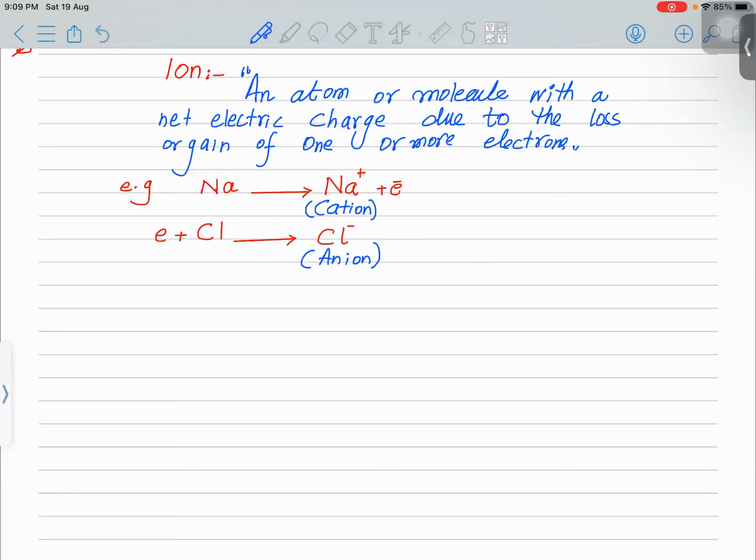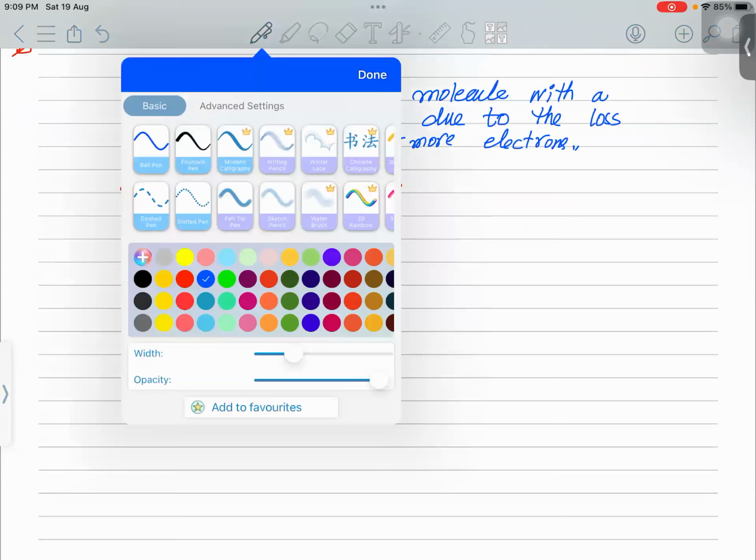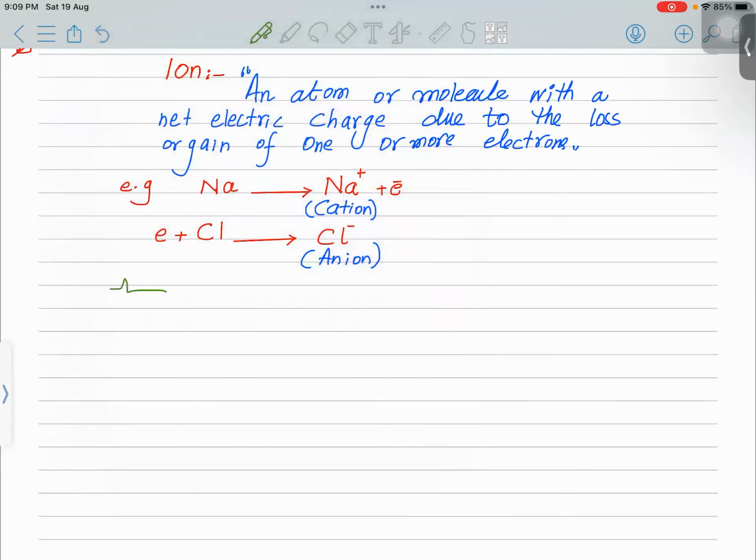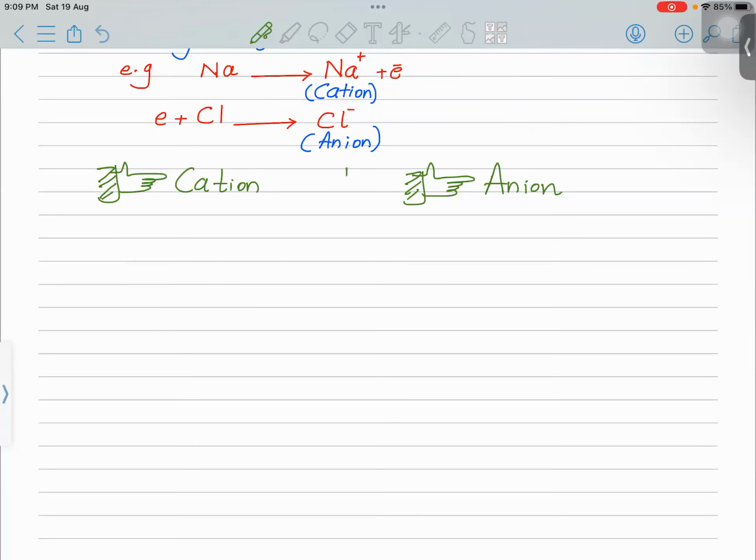Yes, sir. Now, next definition is: number one, what is cation? Number two, what are anions? Sir, what is the dash above E in the first example?